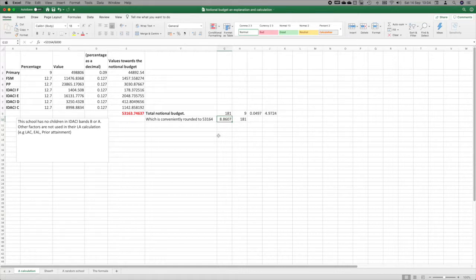But here you can see that if you take that £53,000 notional budget they are being provided with and you divide it by that £6,000, they can apparently only have 8.86 students on their SEN register who need that full funding.